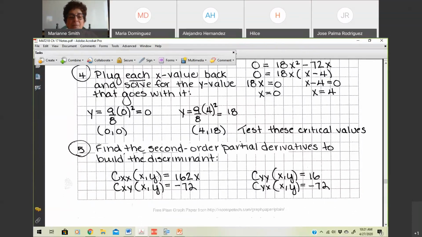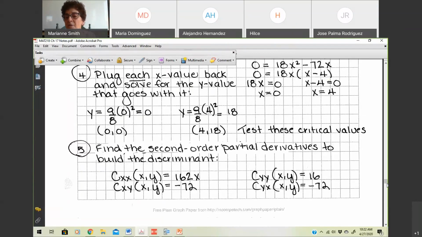Here's the second partial with respect to x, second partial with respect to y, and the mixed partials match. But because of that higher original value on my x term, I had an x cubed in my original equation. Now, when I'm down to second derivative territory, I've still got an x laying around. So I can plug in at least my x value from these pairs when I evaluate my discriminant.